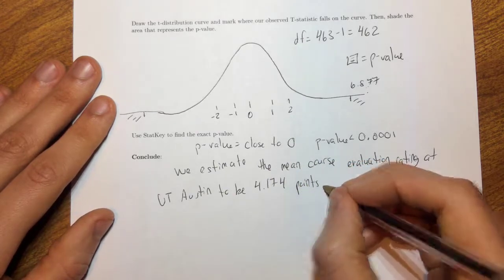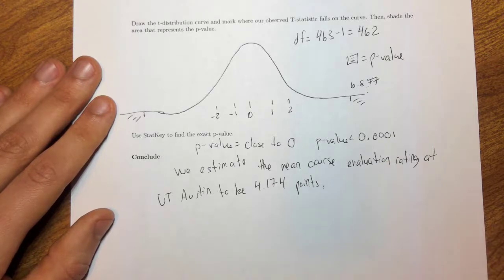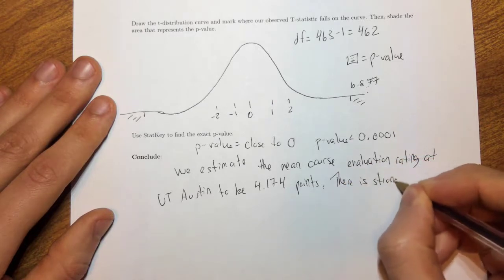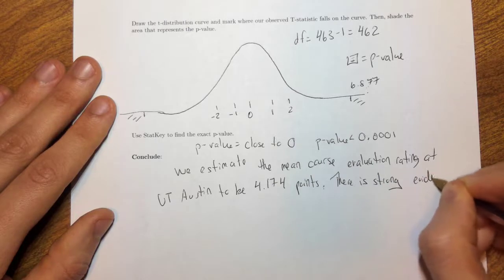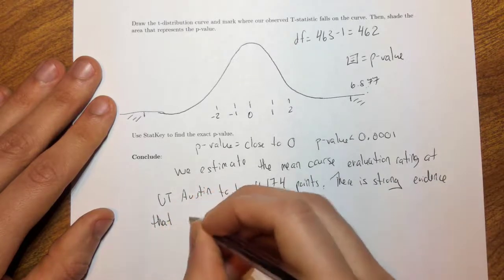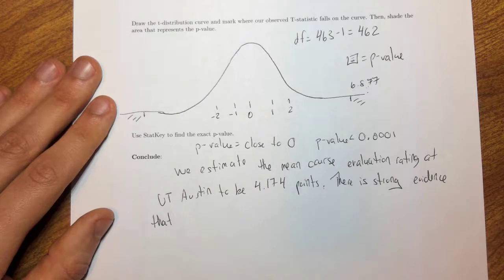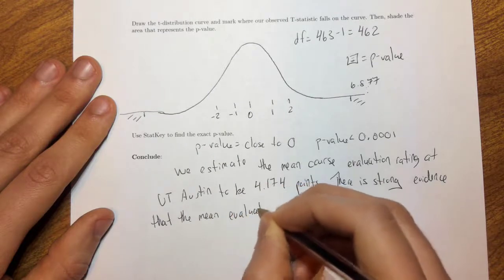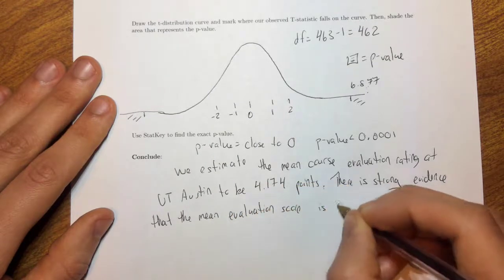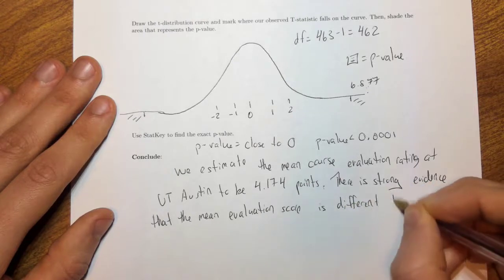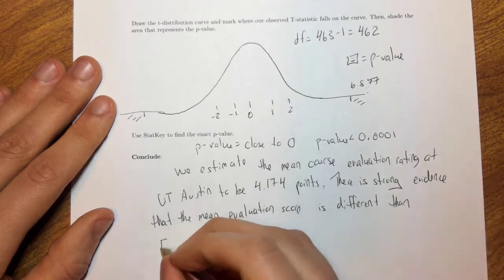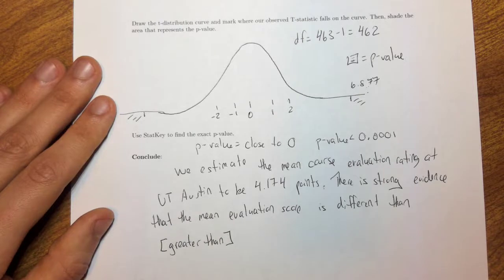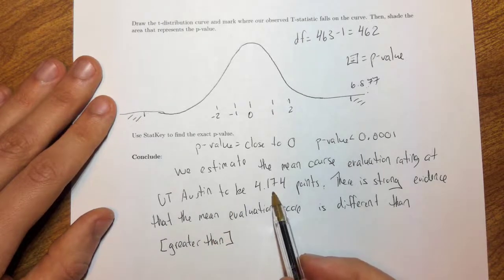After we write our point estimate, we want to say how much evidence we've got for the alternative hypothesis. In this case, since our p-value is really tiny, we want to say something like, okay, there's strong or convincing evidence that, and then we just want to write what that alternative hypothesis was. So that the mean evaluation score is, we can either say different than, because that's how it was worded in the original alternative, or we could say greater than, just to match it with what we actually observed.